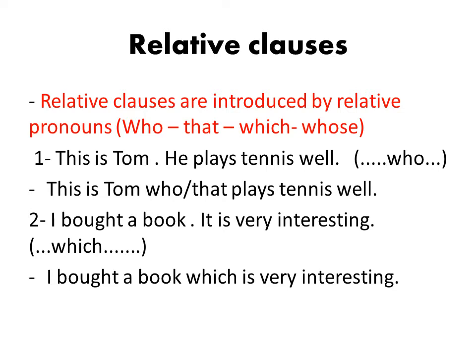We will omit the pronoun it and put which after the noun it refers to, the noun book. So the answer will be: I bought a book which is very interesting. Okay, let's move to another slide to try to understand the idea more.